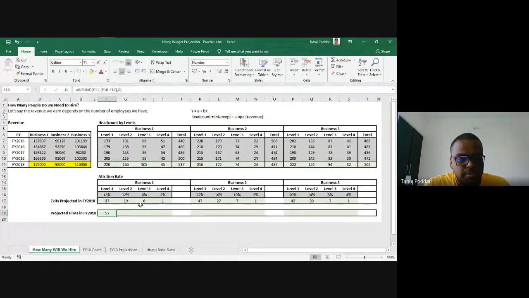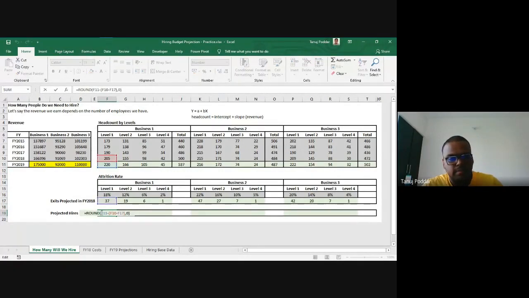Okay, so the projected hires would basically mean that out of the 205, you'll have 37 people moving out. You'll be left with a lesser number of people, and against that, you will say that I need to reach a target of 220. So how many people do I need to hire? So basically, you'll say that I need 220 people.